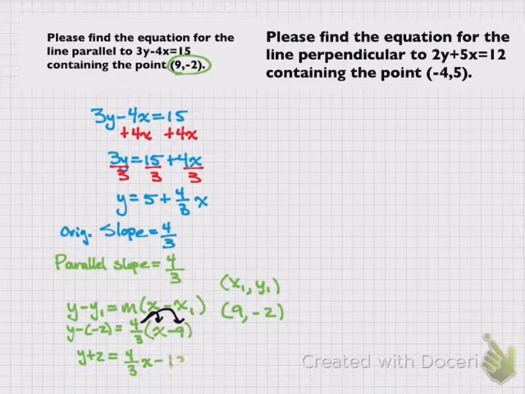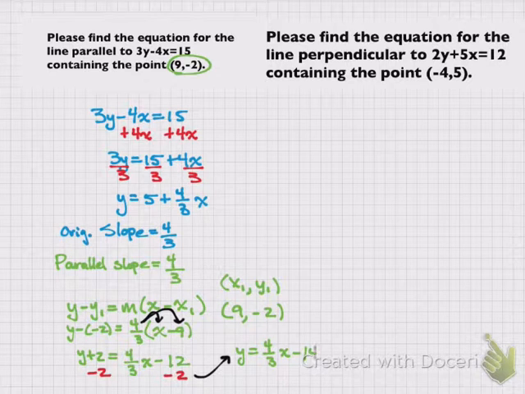So we end up with minus 12. Let's subtract 2 from both sides, and we end up with our final equation, y equals 4/3 x minus 14. And this line is going to be parallel to our original 3y minus 4x equals 15, and it's going to also contain this point right here.